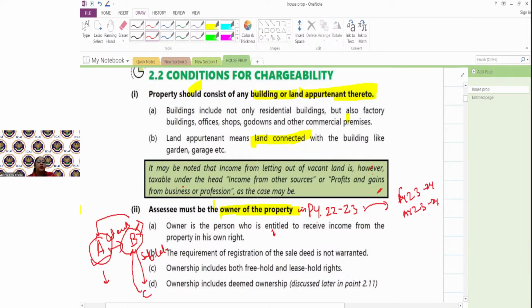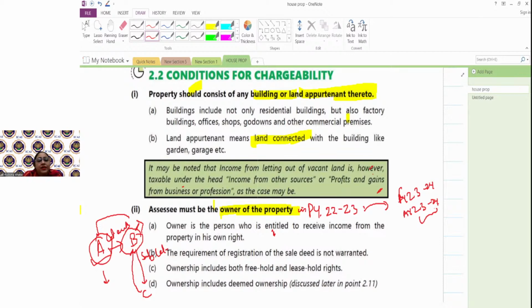But now A cannot contest that I am not the owner in the assessment year, so I will not offer the income under the head income from house property. No, A is the owner in the year when he was earning the income, and that is sufficient criteria for charging it under the head income from house property. So the ownership should be in the previous year. Its relevancy does not matter in the assessment year.